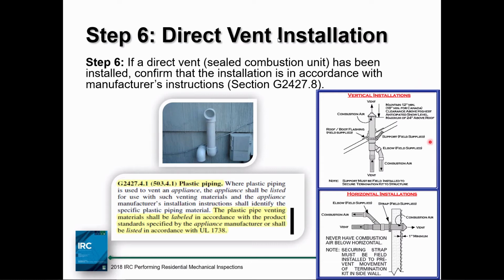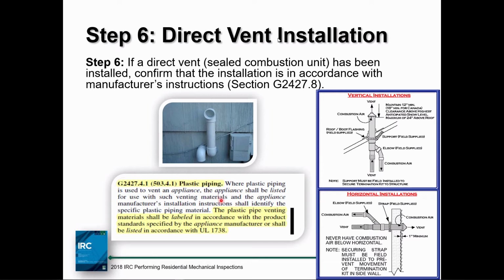The manufacturer must specify the type of material utilized for venting and supplying combustion air to that appliance. Now, take a look at this here. It says where plastic piping is used to vent an appliance, the appliance shall be listed for use with such venting materials.